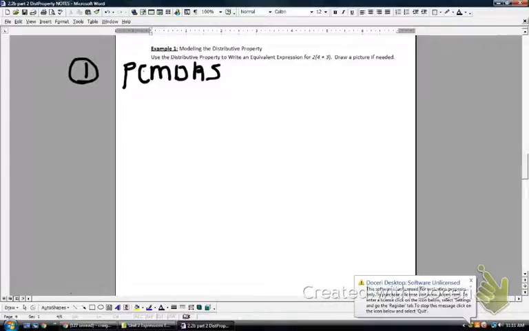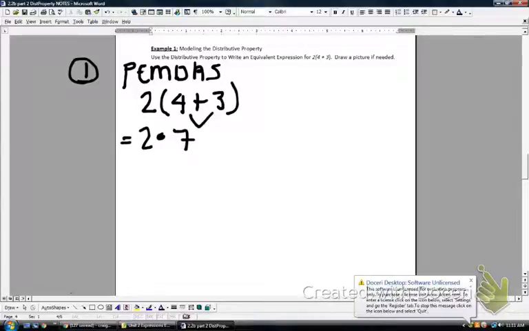Okay, at the top of my paper I wrote PEMDAS because that's what we use when we use order of operations. So I have 2 times the quantity of 4 plus 3. And then PEMDAS says parentheses. Yes, I have parentheses. So I do everything on the inside of the parentheses first. So I have 2 times 4 plus 3 is 7.